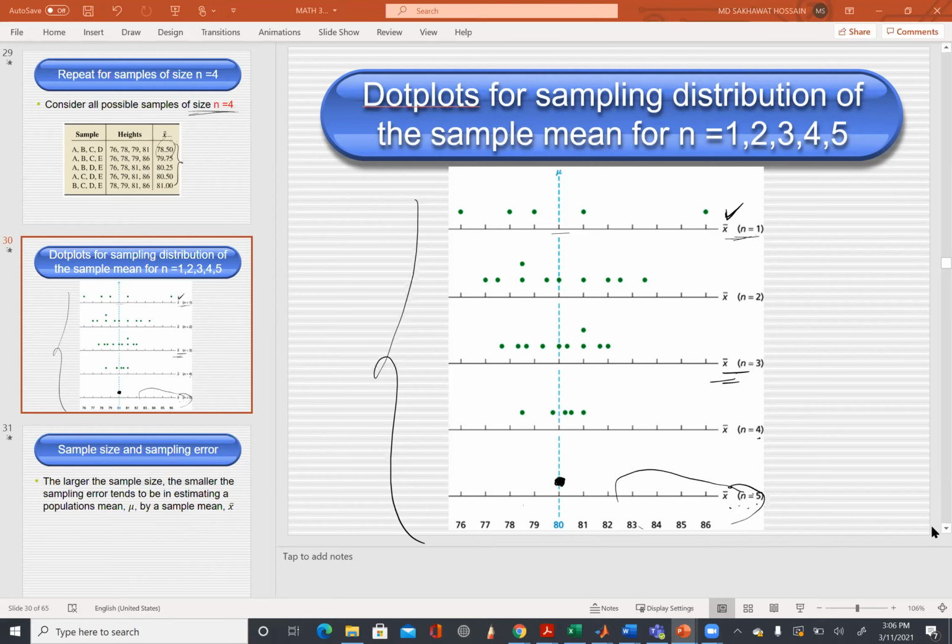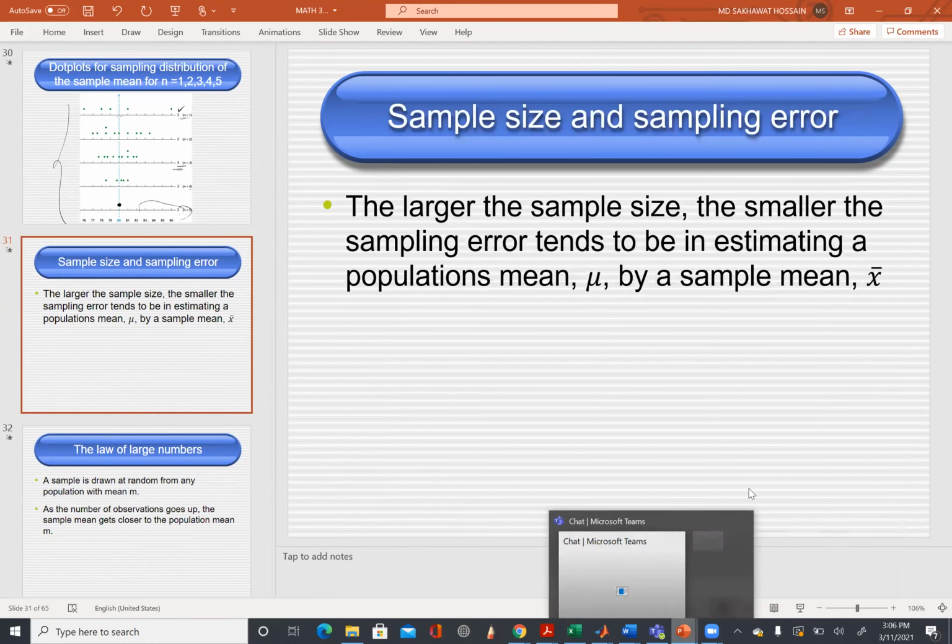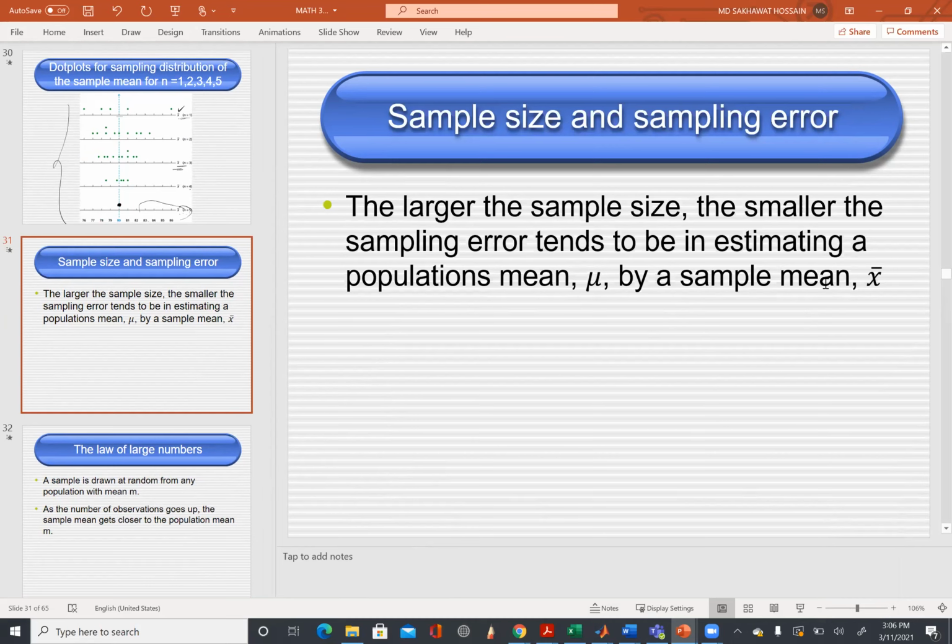That means when the sample size is smaller, you will have more error, more deviation. When the sample size is larger, you will have less deviation or less sampling error. So the larger the sample size, the smaller the sampling error tends to be in estimating the population mean.